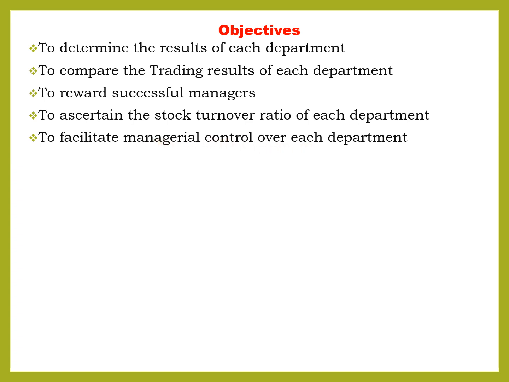As you see, the British have ruled our country based on the divide and rule policy for more than 200 years. So in departmental accounts, we go by that formula, we divide and rule. So to have better managerial efficiency, we go for departmental accounts.